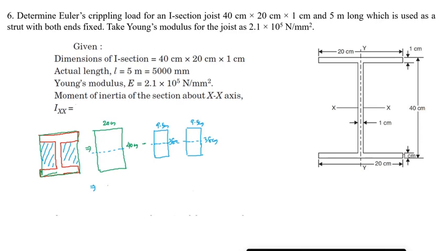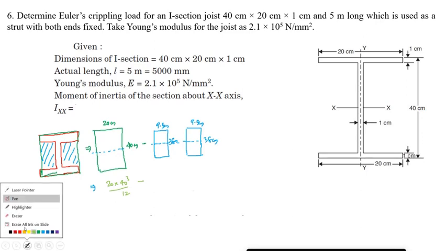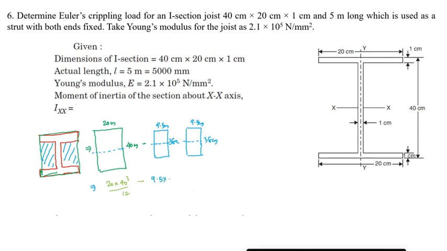So this one will be b d cube by 12. So here b is 20 into 40 cube divided by 12 minus the other two moments of inertia, that is, the moment of inertia about the other axis, 9.5 into 38 cube divided by 12 minus 9.5 into 38 cube divided by 12.